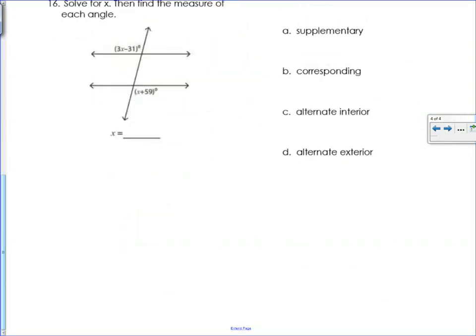Number 16. Solve for x, then find the measure of each angle. So first, ask yourself, are these angles congruent or are they supplementary? Here, we can see they're the same type of angle, so they are congruent. So you're going to set it up as 3x minus 31 equals x plus 59.